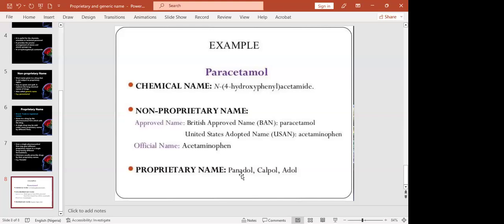There's the United States adopted name, which is acetaminophen. Both of them are the same. All of those are non-proprietary names. Then you have the proprietary names, which are pharmaceutical names: Panadol, Calpol, Adol, and so on.